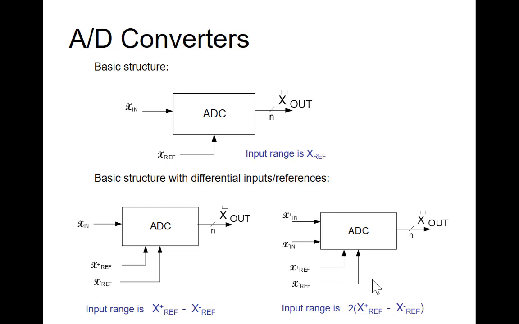In the negative going direction, it can be XREF plus minus XREF minus. So the total range is twice XREF plus minus XREF minus. It's most common when we're building integrated data converters, whether they be DACs or ADCs, to have differential inputs on the ADCs and differential outputs on the DACs.